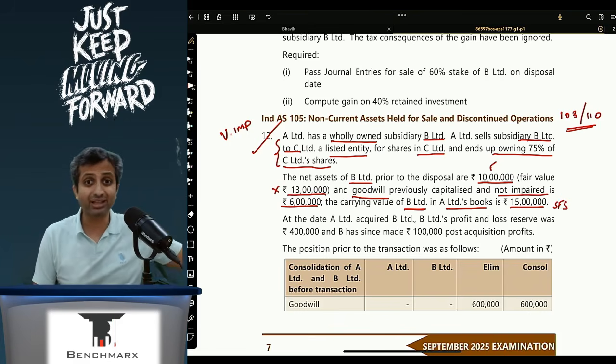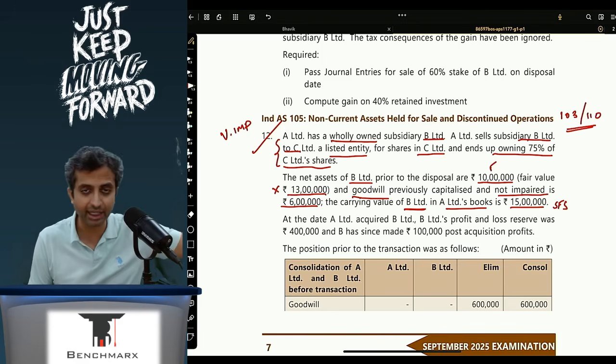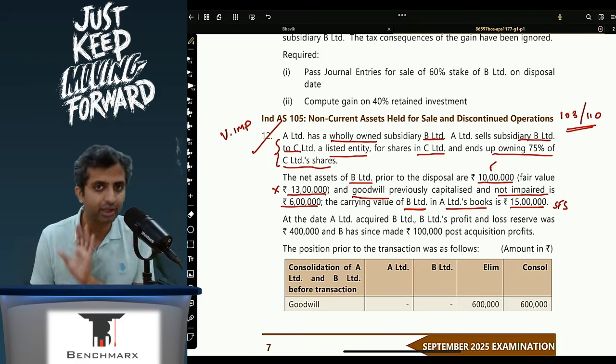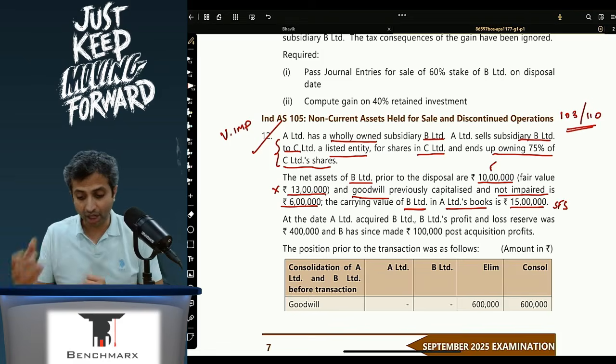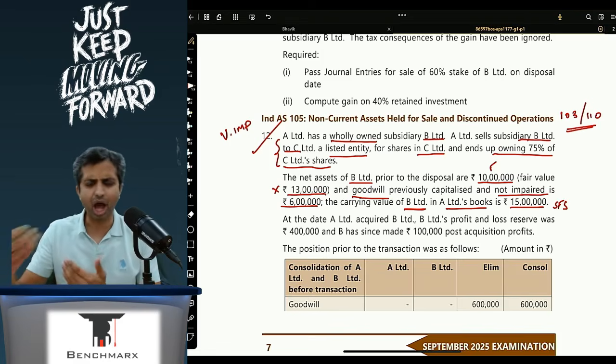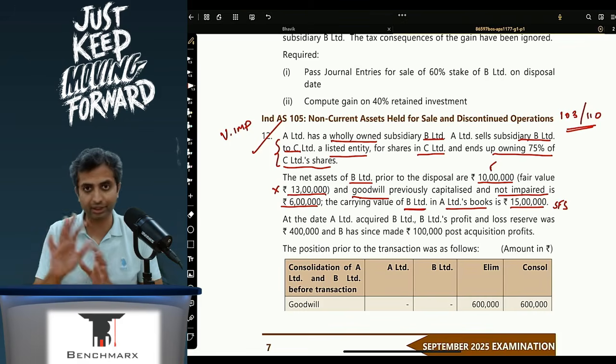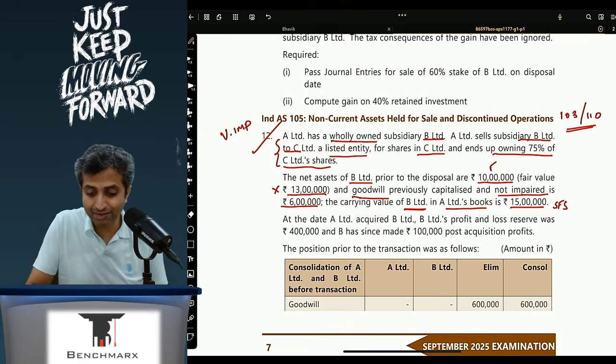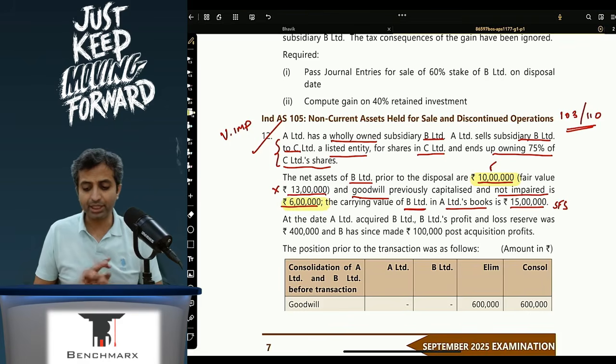Maybe at that time B's net assets must have been 9 lakhs and hence there must be a 6 lakhs goodwill, just for your knowledge. However, now B's net assets are 10 lakhs, maybe there is a 1 lakh rupee profit, whatever it is. Now I know that B's net assets are 10 lakhs and goodwill of B is 6 lakhs.